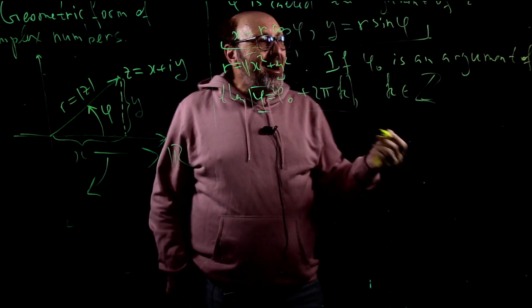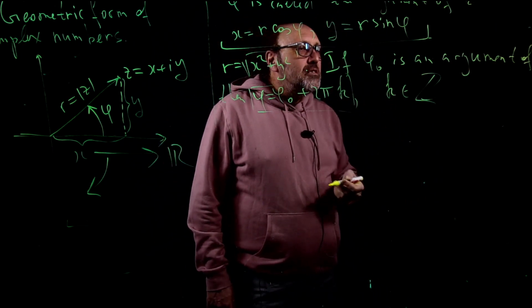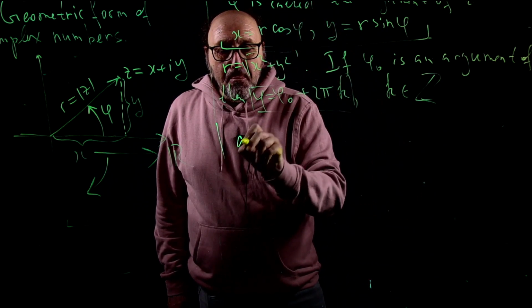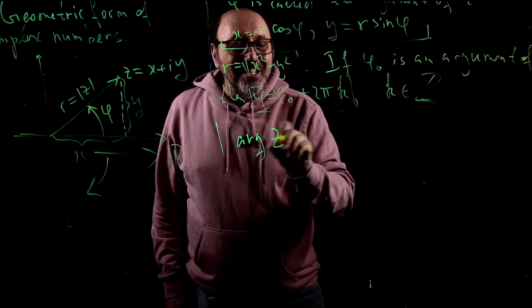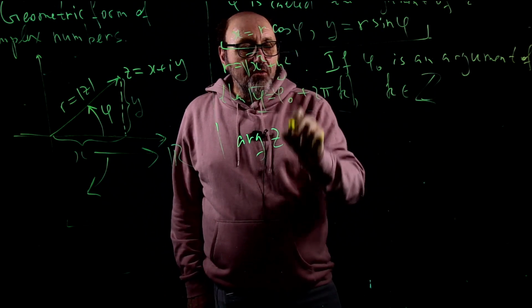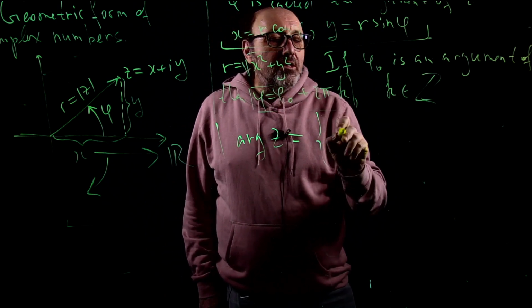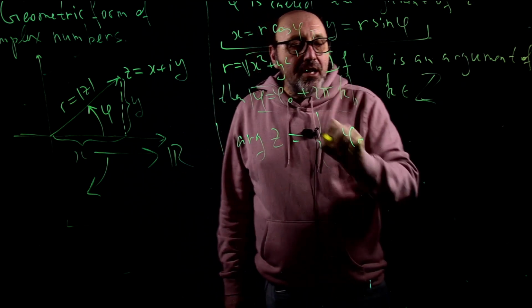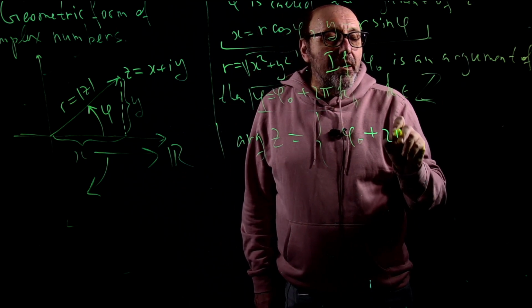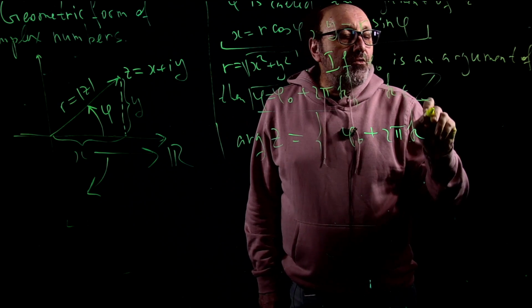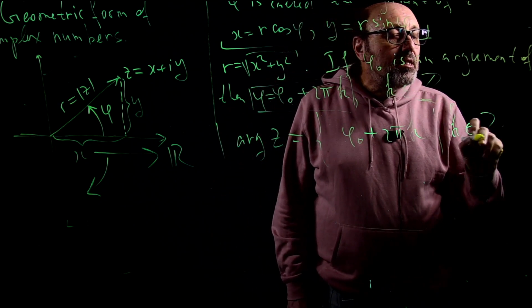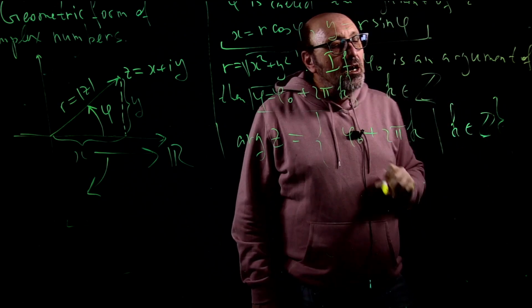This means that the argument of a complex number is not defined uniquely. This is an infinite set of numbers of this form. If you know one value of argument, then you have all other values of the argument of our complex number when k runs over the integers.